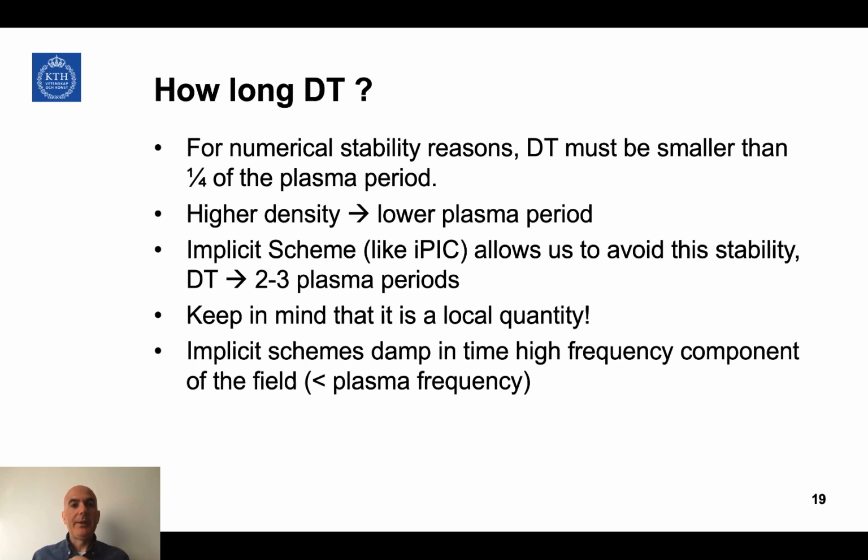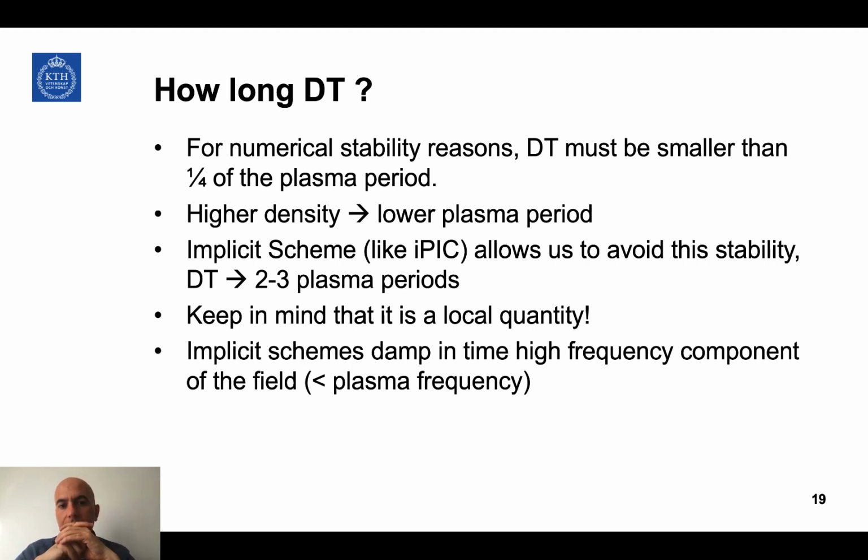The way the implicit method works is basically damping electric field components at the frequency of the plasma oscillation, right? The implicit method knows that it cannot resolve this case, so it decides to ignore it and damp it with basically a filter. That's how it works in practice.